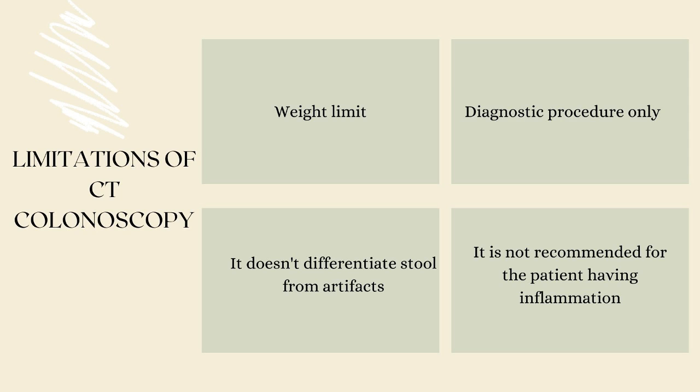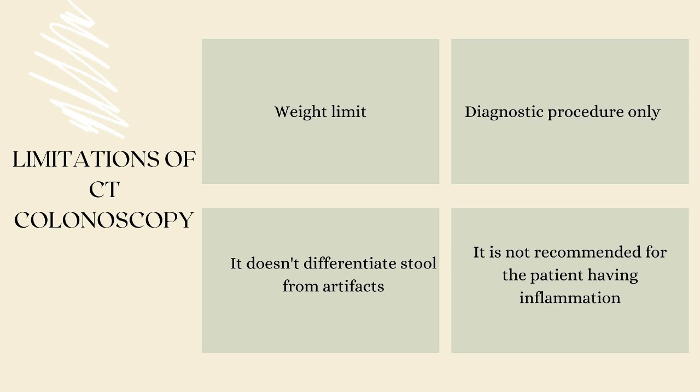Limitations of CT colonoscopy. A person who is very large may not fit into the opening of the conventional CT scanner or may be over the weight limit. CT colonoscopy is strictly a diagnostic procedure. If any polyps are found, they will be removed by conventional colonoscopy. CT colonoscopy may not differentiate stool from other artifacts, and it may miss small polyps. Colonoscopy is good at detecting colorectal cancer found on the left side of the colon.